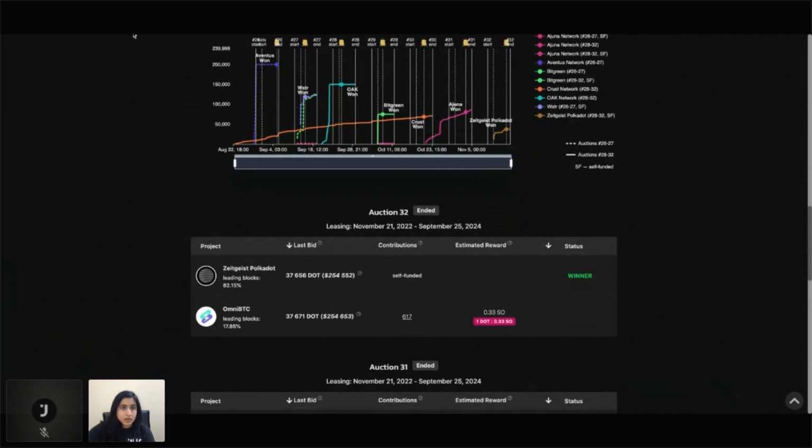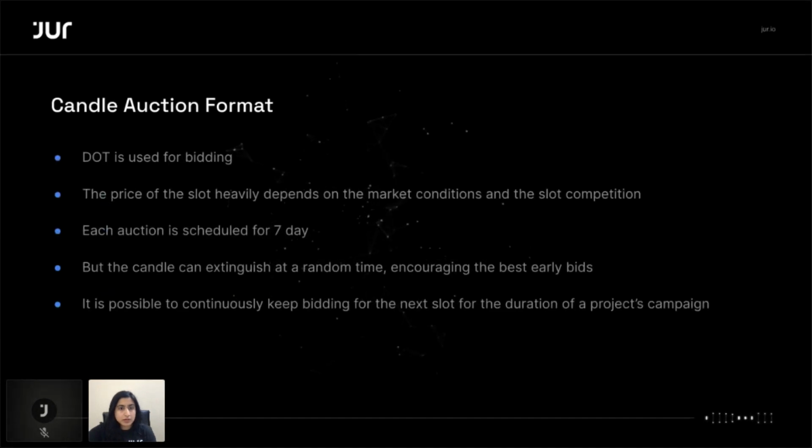Now, coming back to our presentation, like we saw in that format, every auction is scheduled for 7 days. So every week there is one slot which is up for bidding, and the slot stays up for bidding for 7 days.